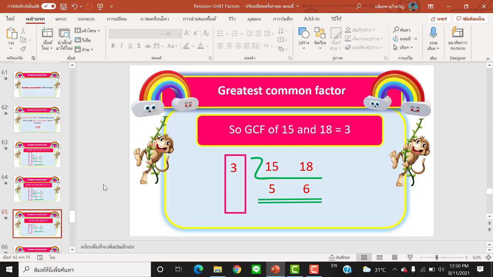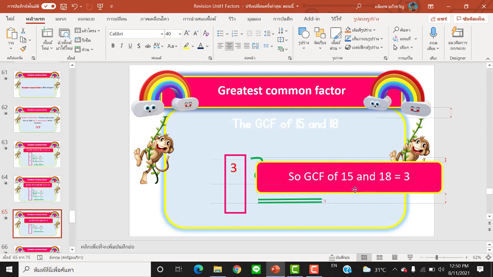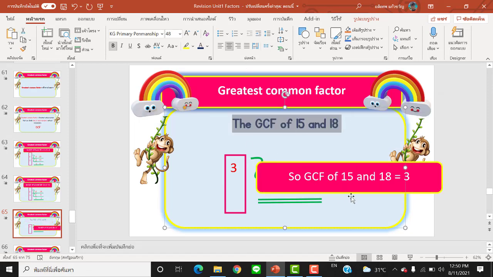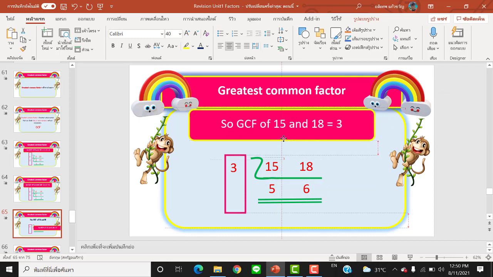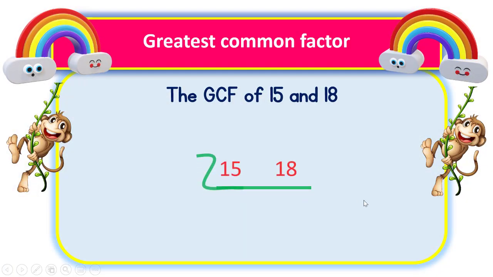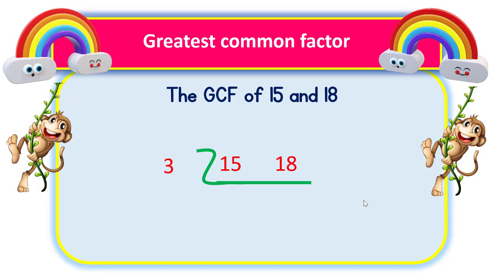Next, the greatest common factor of 15 and 18. Okay, next. What number can divide 15 and 18? It's 3. Very good. 15 divided by 3 is 5 and 18 divided by 3 is 6.